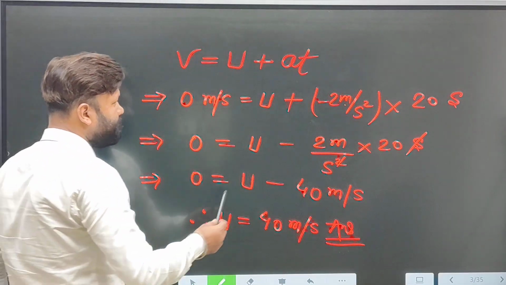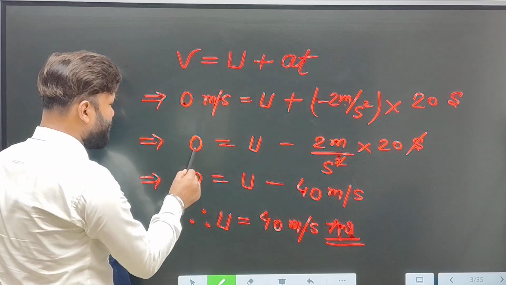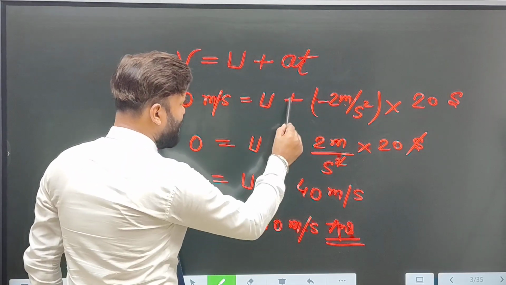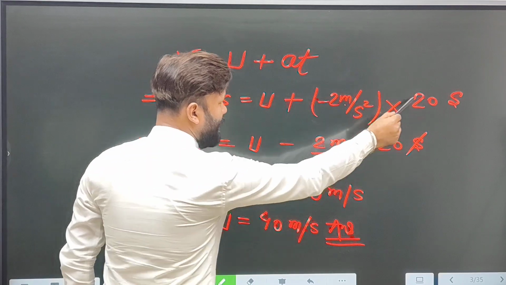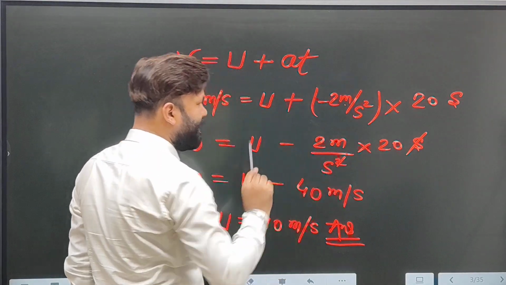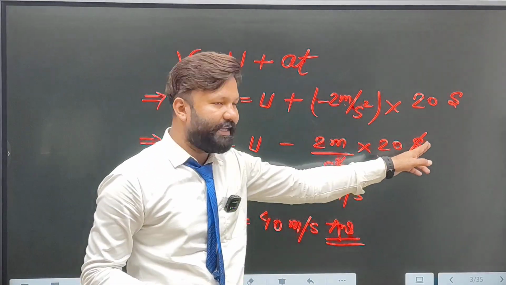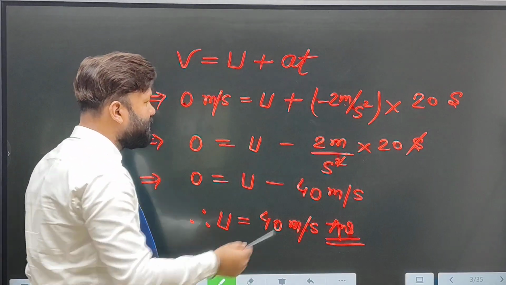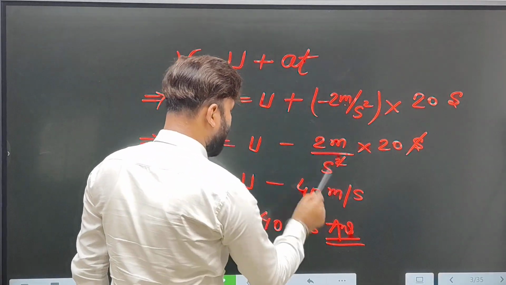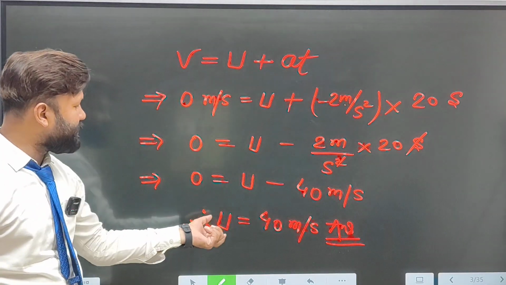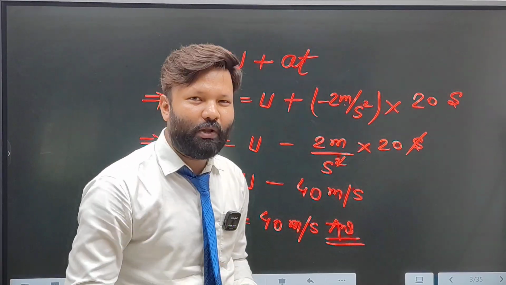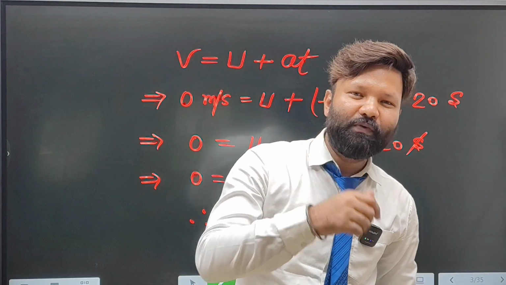Now students, 0 meter per second is 0, equals u plus and minus will be minus 2 meter per second square times 20 second. Second square in the denominator and 1 second will cancel. So 2 twos are 40 meter per second. Now minus 40 meter per second will come to this side. It means u is 40 meter per second. So this is the solution of question number 1. Let's move to the second question.